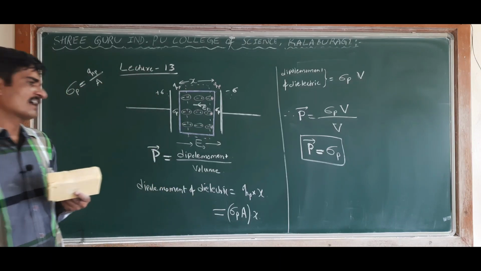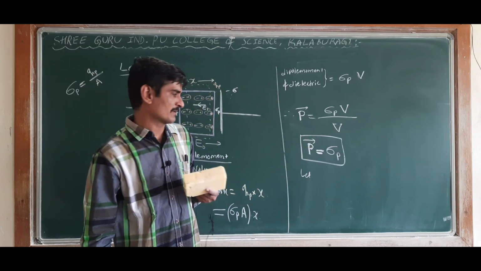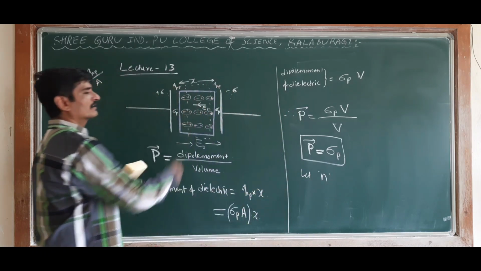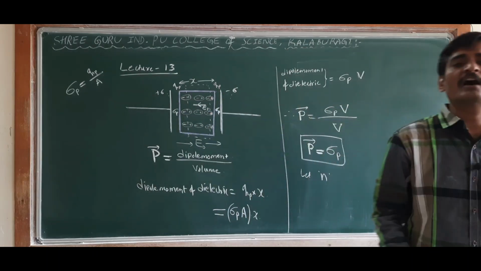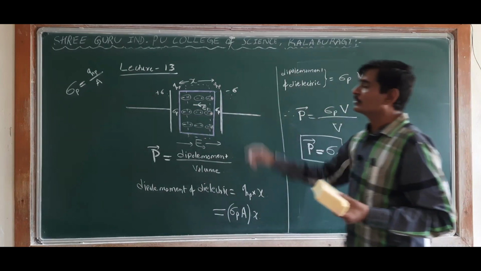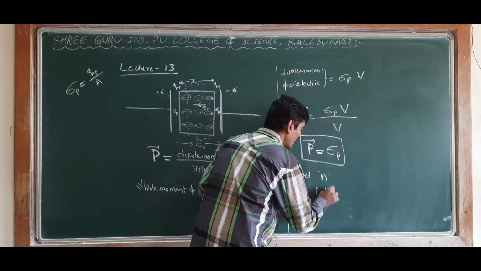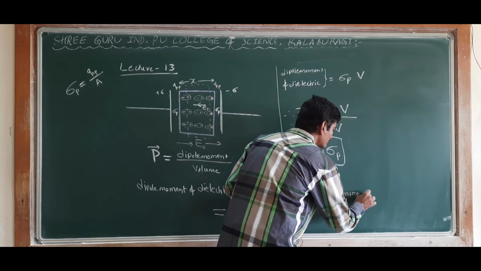Further, we have also studied that a dielectric consists of a large number of molecules or atoms. Just for your understanding, I am writing all these formulas. Let n be the number of atoms or molecules per unit volume of the dielectric, and P is the dipole moment of each atom.